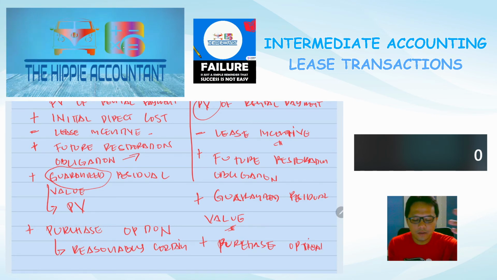Otherwise, pag hindi reasonably certain, do not include. Okay? Do not include. The same with residual value.